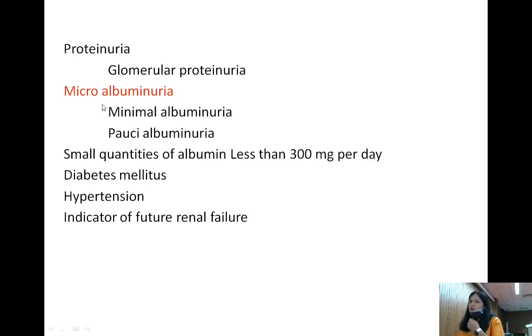Clear? And this microalbuminuria occurs in case of diabetes mellitus and in case of hypertension. So it is an indicator that the person may develop renal failure in future. So what is microalbuminuria? When the albumin concentration in the urine is between 30 to 300 milligram per day.